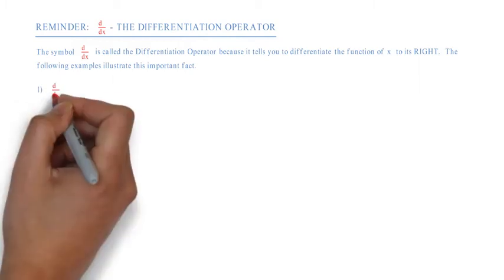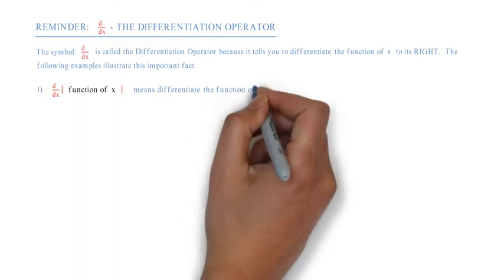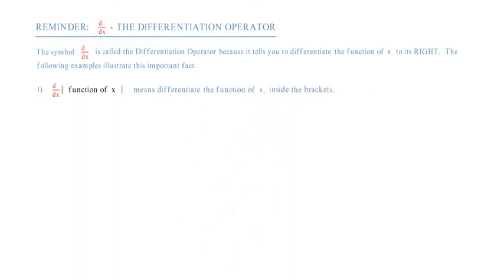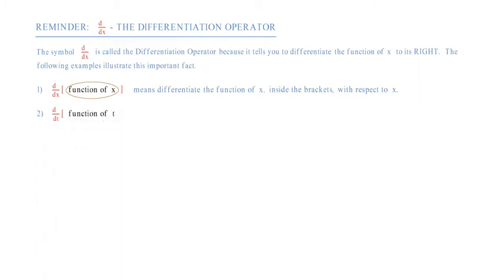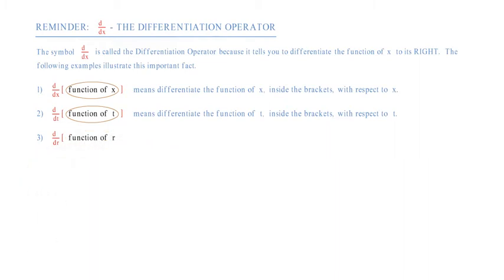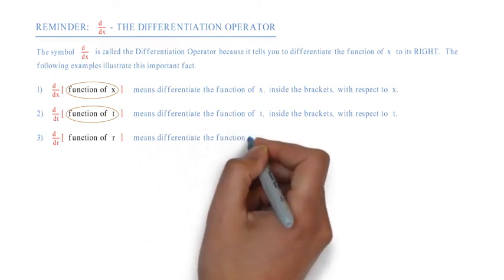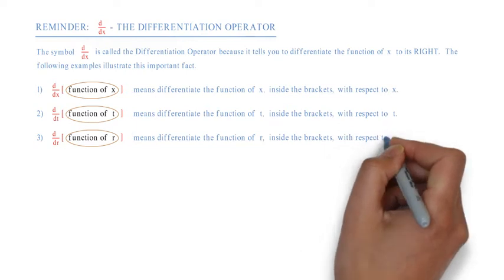1. d dx of a function of x means differentiate the function of x inside the brackets with respect to x. 2. d dt of a function of t means differentiate the function of t inside the brackets with respect to t. 3. d dr of a function of r means differentiate the function of r inside the brackets with respect to r.